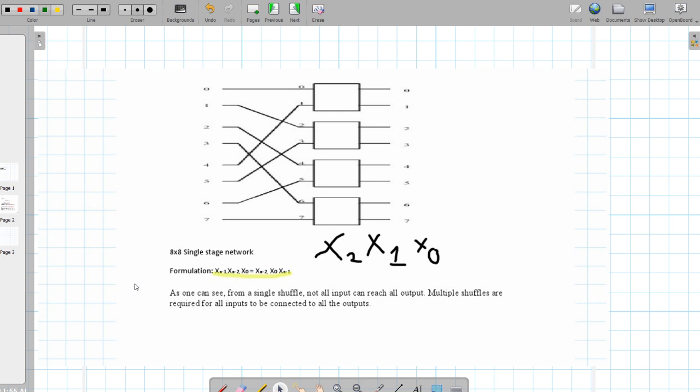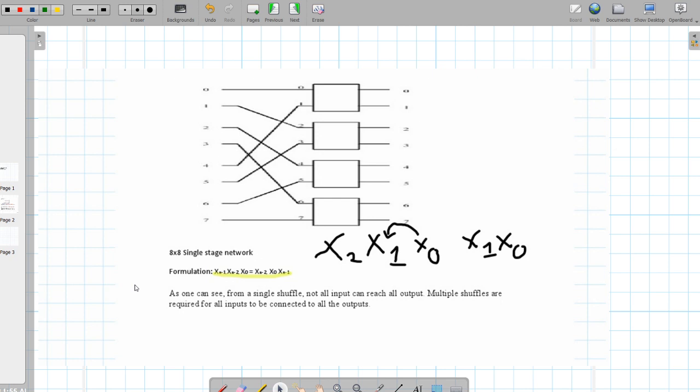That means you will shift x0 and replace x1 by x0. Then you will shift x1 to the place of x2. Now who is on the left of x2? There is nothing.